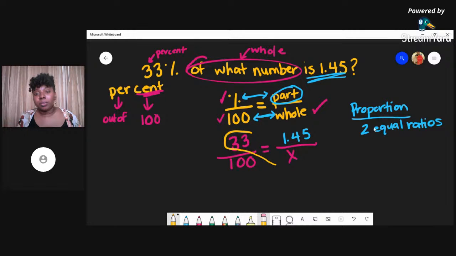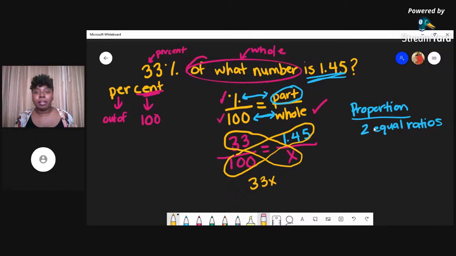33 times x is what? 33x. Good. 100 times 1.45. 145. Good. Listen, you got that quick. It is 145. Now, how do I solve for x?